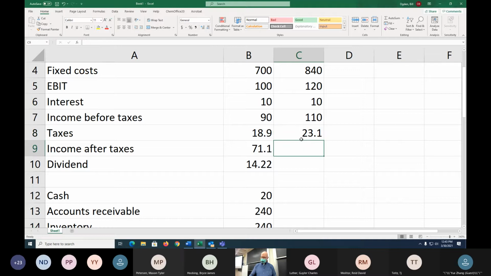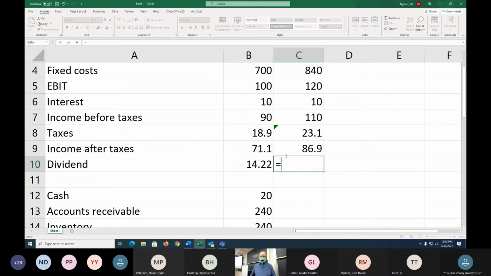So our after-tax income would be 86.9, and then now what part of this do we pay as a dividend? One more time, we will use an imputed percentage. In other words, proportionally to what they paid last year.